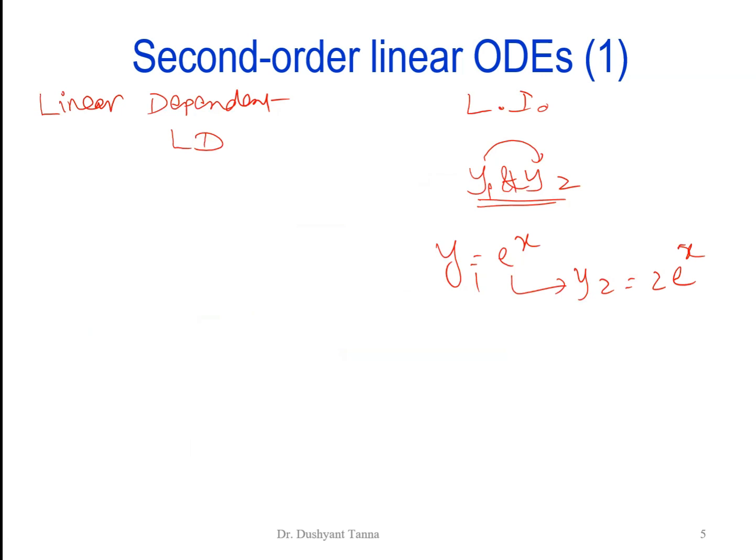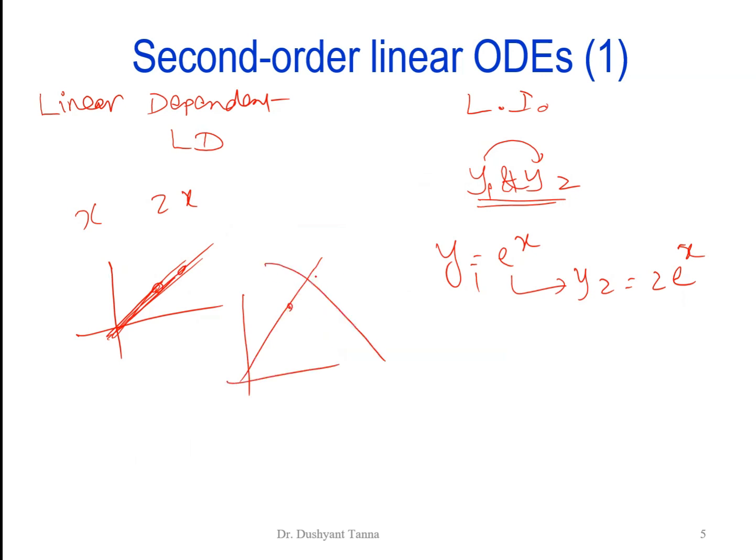When you say linear dependent, they are kind of on the same line. So linear dependent is like x and 2x, or they are collinear points when you're talking about points. But what we want is something like x and another one like 5x or x plus 3, something totally different. Then your whole solution, c1 y1 plus c2 y2, makes sense.